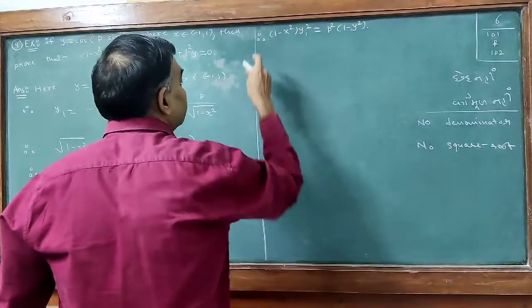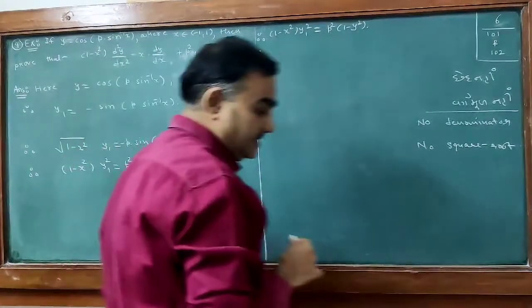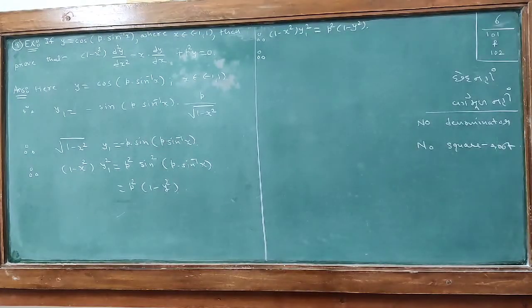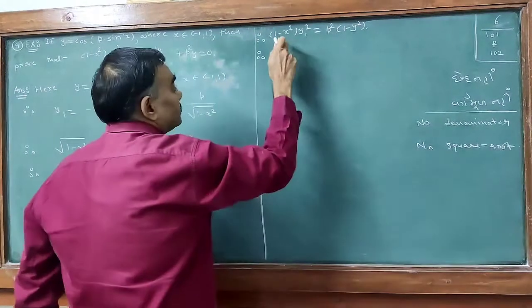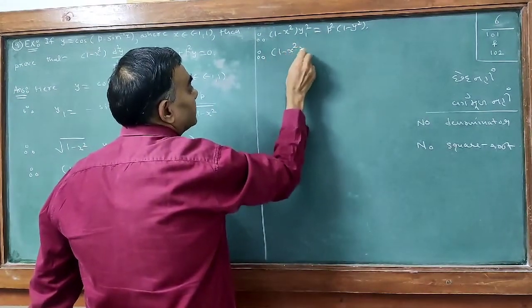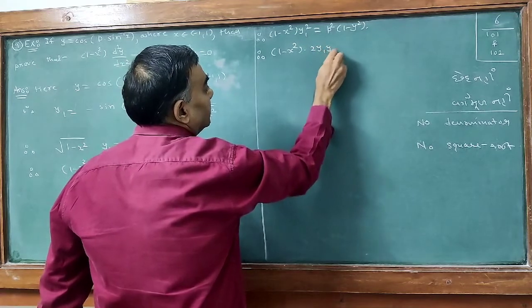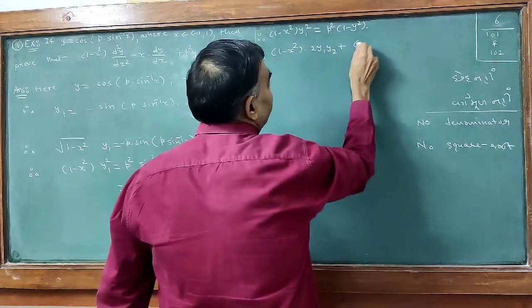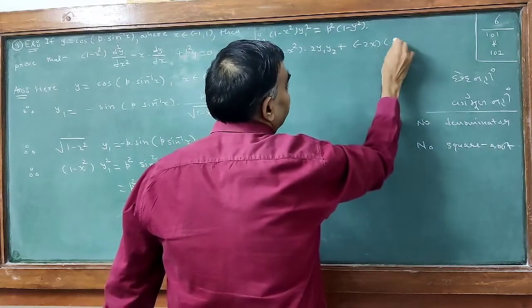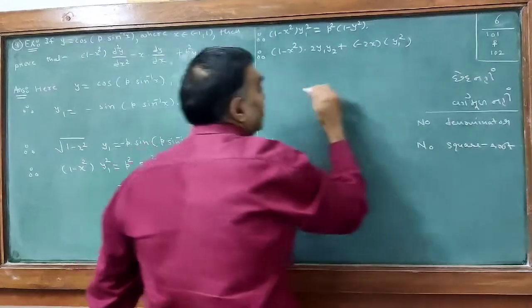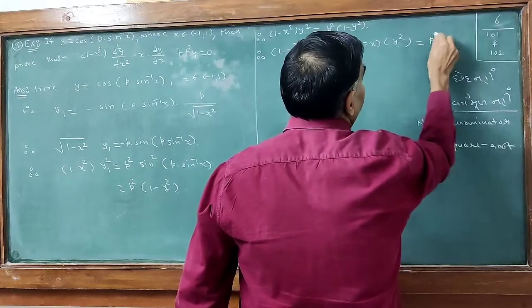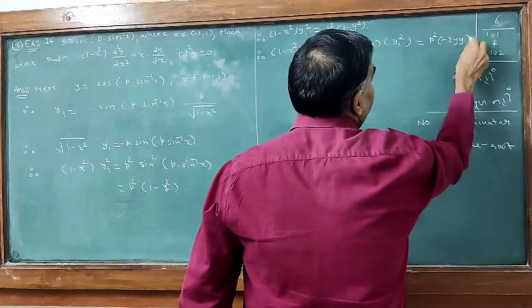Taking one more derivation, so 1 minus x square 2y1 y2 plus minus 2x y1 square is equal to p square minus 2y y1.